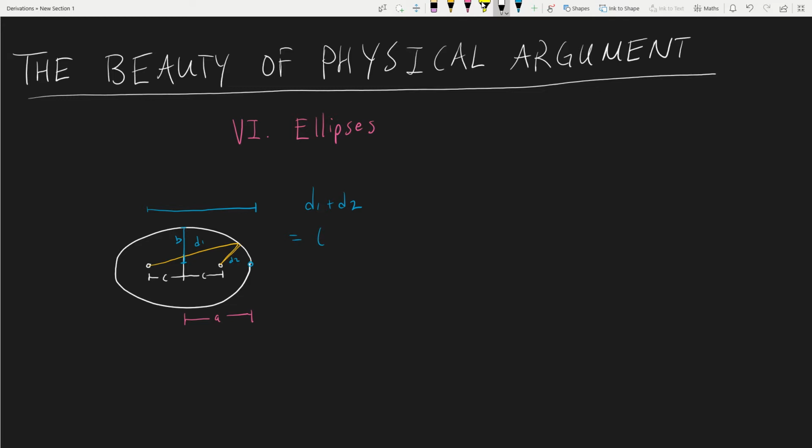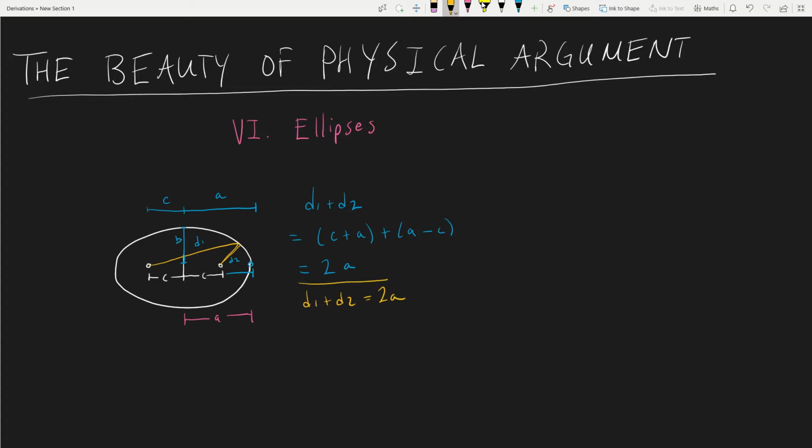So if you stretched it all the way to this blue point, D1 would be C plus A. And D2 is going to be A minus C. D2 is that whole width A, minus C. So what you get is 2A. We end up with the identity that D1 plus D2 equals 2A.